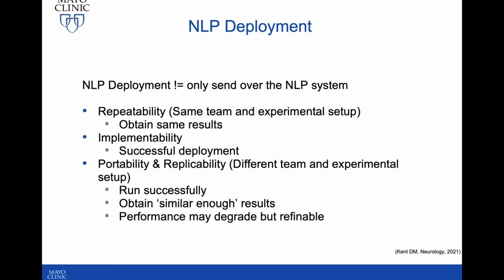The big lesson we learned is that NLP deployment is not only directly sending over the NLP system to a site, but we need to work closely with the local institution and their local team, with strong communication as well as iterative discussion and consensus development, to make sure the system is not only runnable, but also able to obtain similar results, and then refine and optimize the NLP performance.